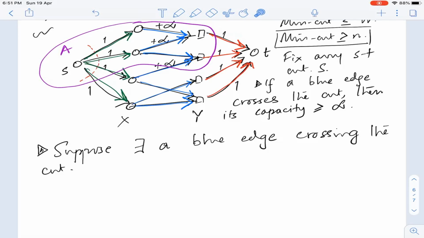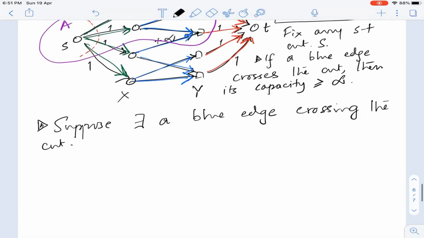So if you think about it, this kind of cut does not have any blue edge crossing the cut. So now I cannot say that the capacity of this cut is infinite. It's surely a finite quantity. So let's think about what is the size of this cut.